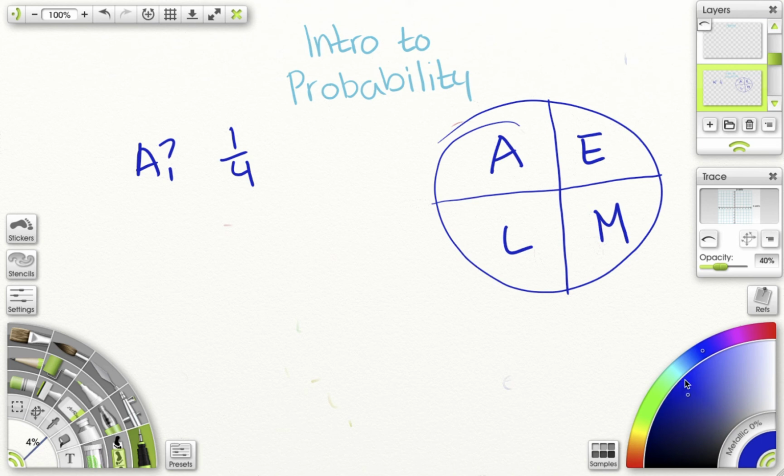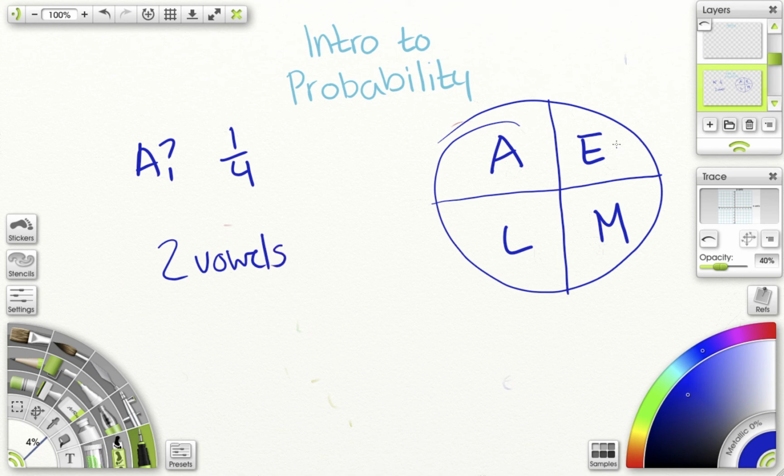What if a question asks me, what are the chances of me landing on a vowel? Well, what are my vowels on this? A is a vowel, and what are my vowels? A, E, I, O, U. I have an A, and I have an E, so I have 2 vowels. So what are the chances of me landing on a vowel?